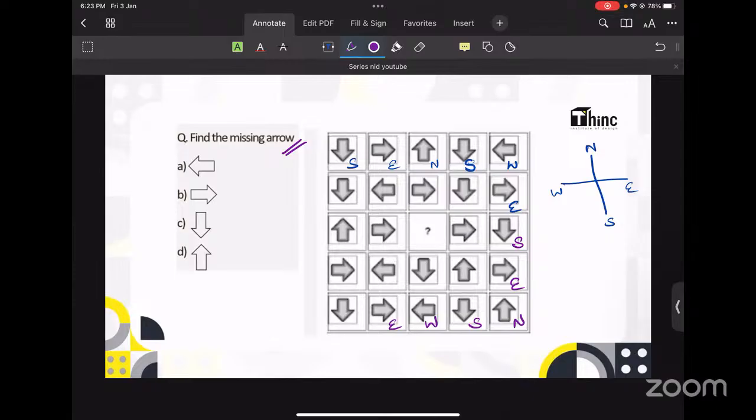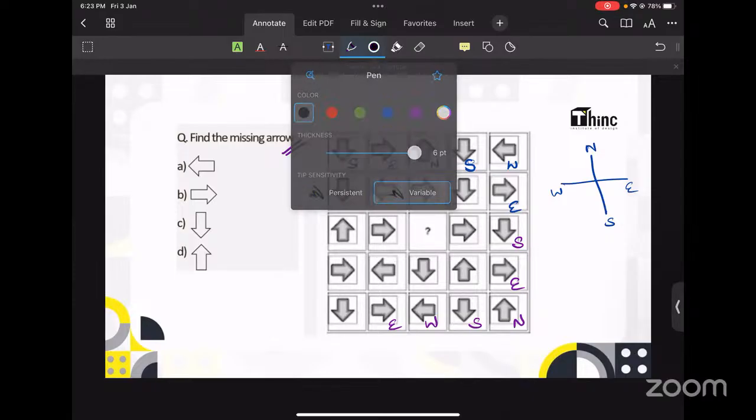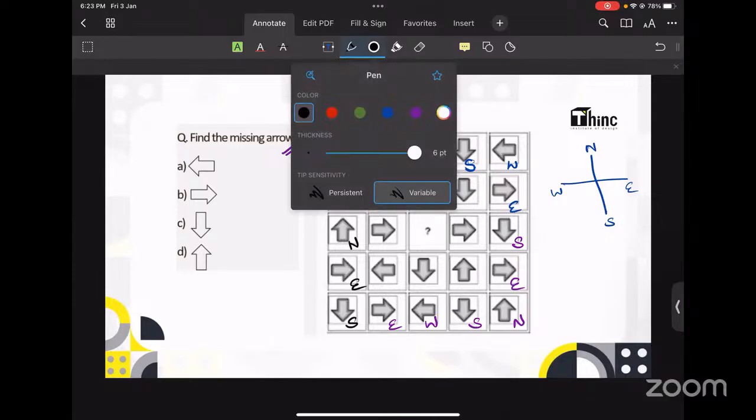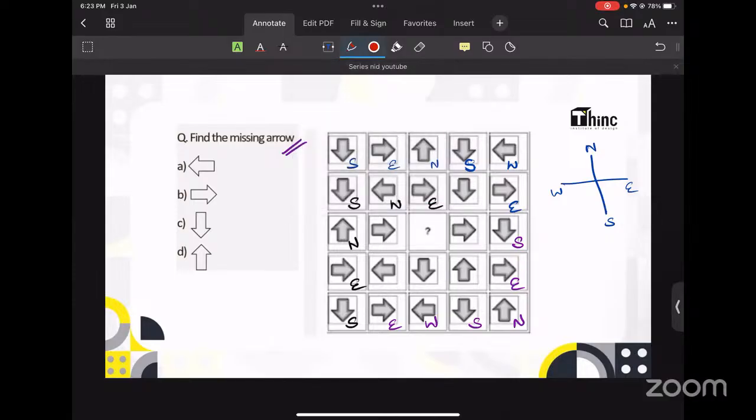I'm just giving the names again. We are discussing the same direction logic. We just find something common.